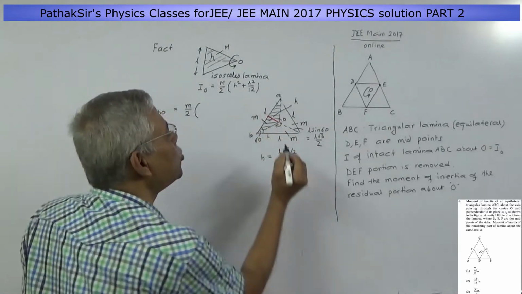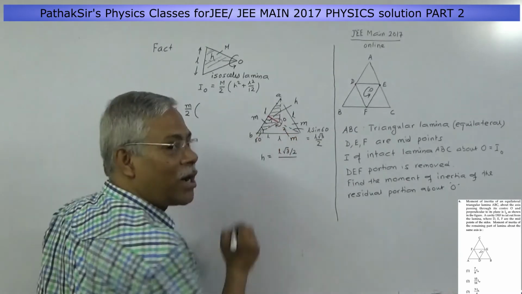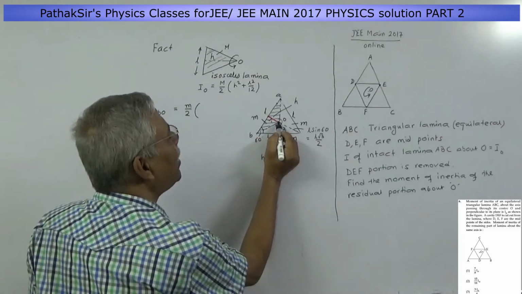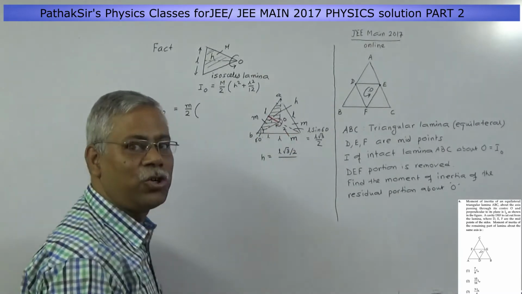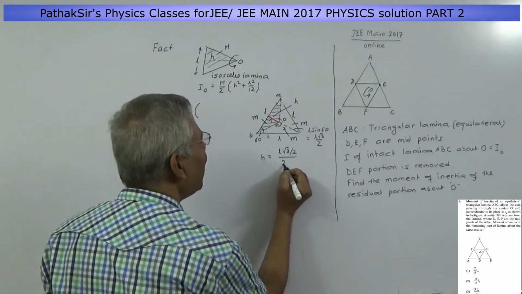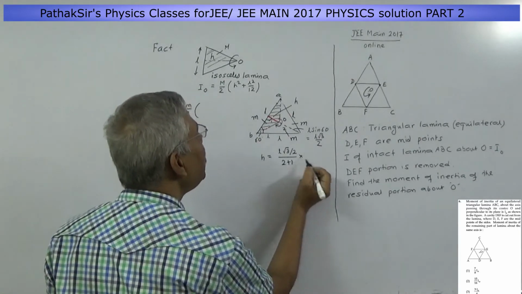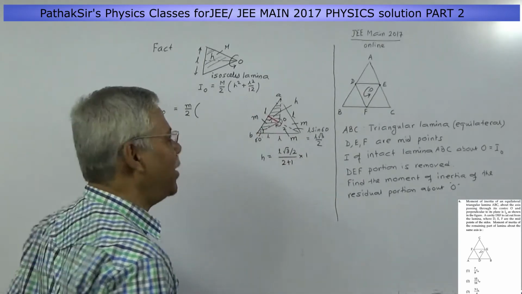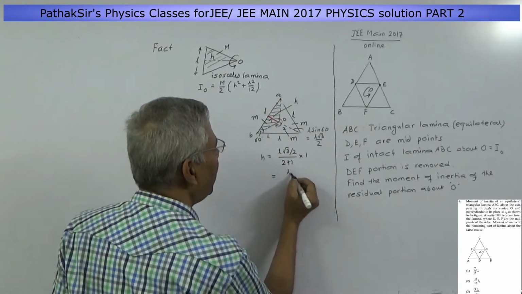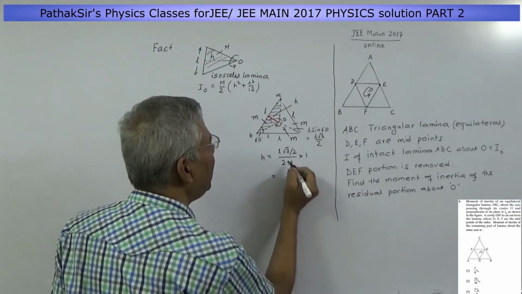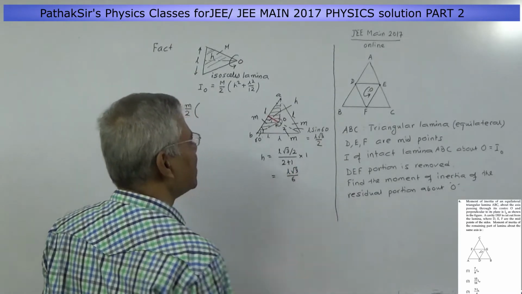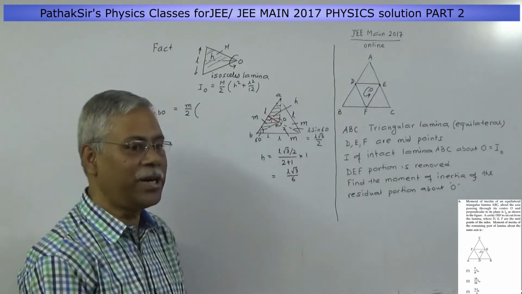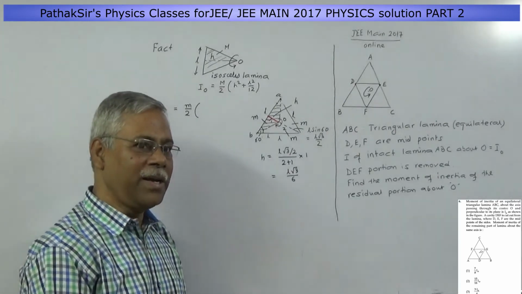This part is 2 and this part is 1. This is the centroid. It cuts the median in the ratio 2:1. So this divided by 2 plus 1, into, we require this part multiplied by 1. This is equal to L root 3 by 6.